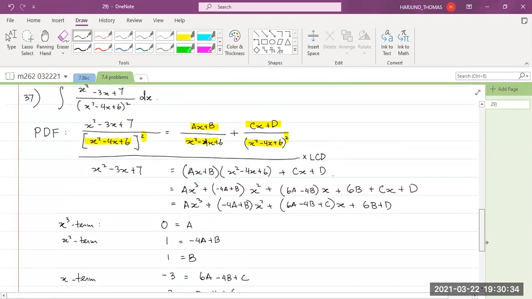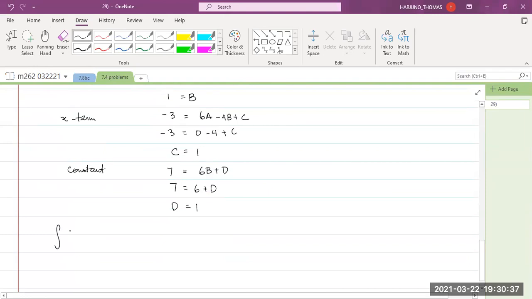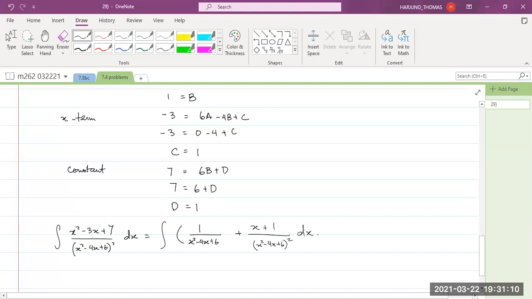So then the integral of x squared minus 3x plus 7 over x squared minus 4x plus 6 being squared dx is now equal to the integral of 1 over x squared minus 4x plus 6 plus x plus 1 over x squared minus 4x plus 6 being squared dx.